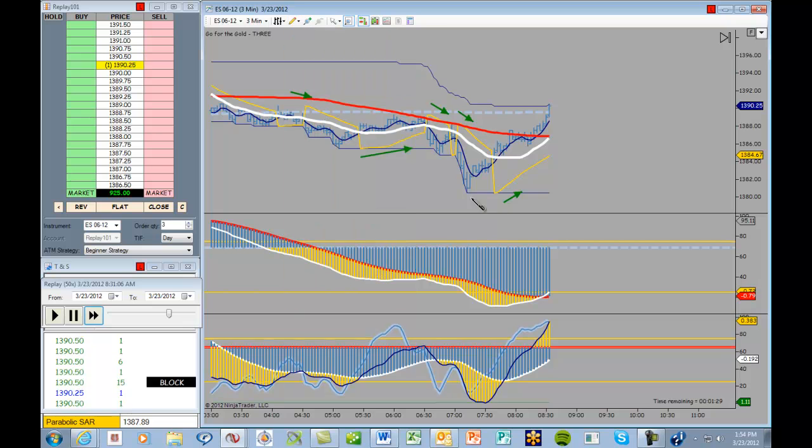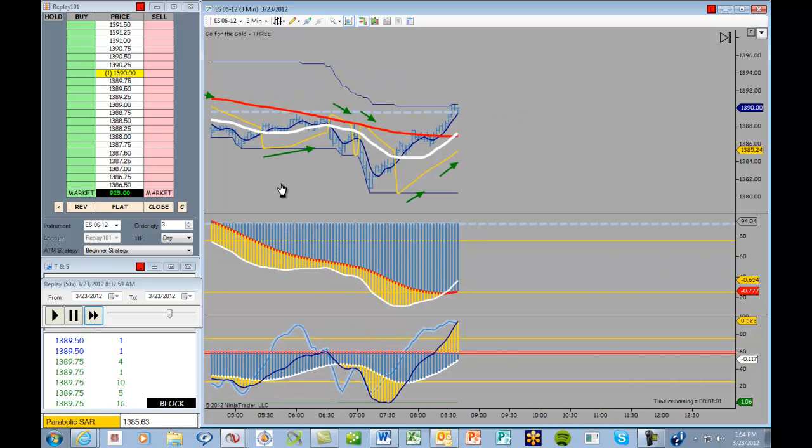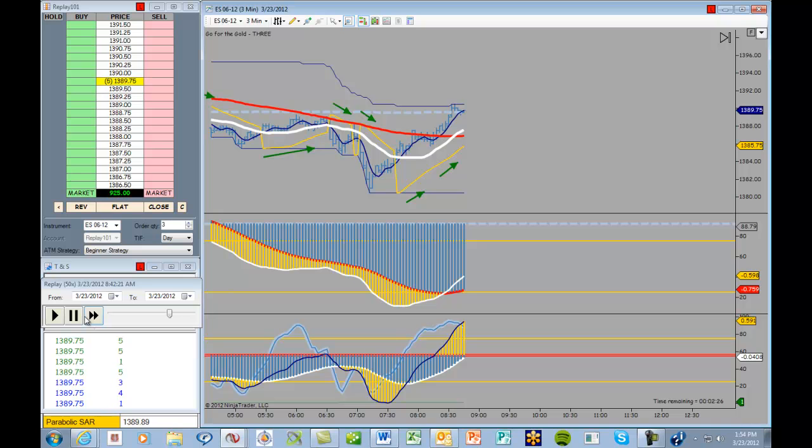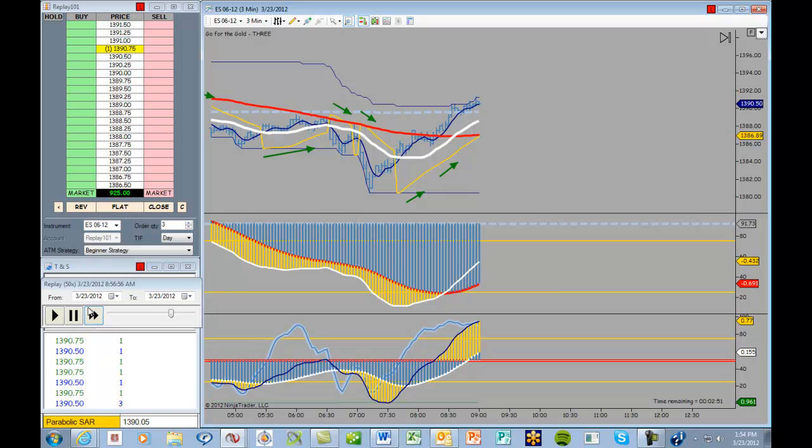Once again, both targets. We're stuck in a zone of resistance now on that long-term moving average. I'd like to see a pullback.